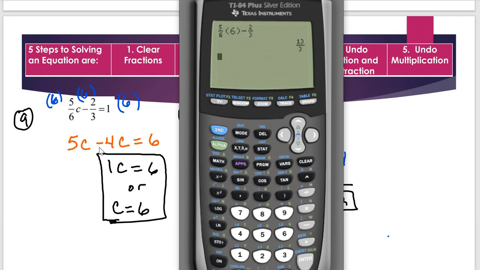And so 6 times 5 is 30. 30 divided by 6 is 5. Bring that down. 6 times 2 is 12. And 12 divided by 3 will give you 4. So 5 minus 4 will give you 1, 1c. 1 times 6 is 6. And when we look at this right here, and when we put this back in, you see that it does not match. So let's look at this again.